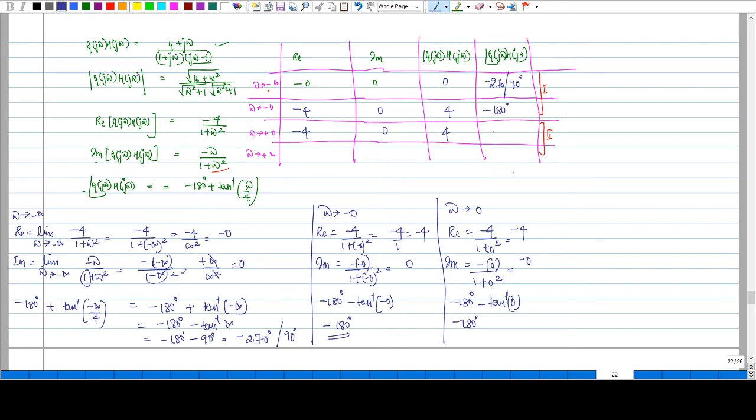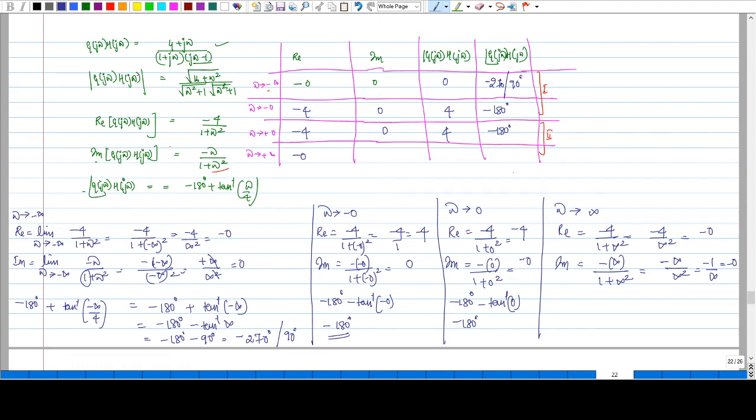Next, when omega tends to plus infinity, the real part is minus 4 divided by 1 plus infinity square. So minus 4 by infinity square, this is minus 0. Then the imaginary part is minus of infinity divided by 1 plus infinity square. So this is minus infinity divided by infinity square, 1 by minus infinity, which is equal to minus 0.